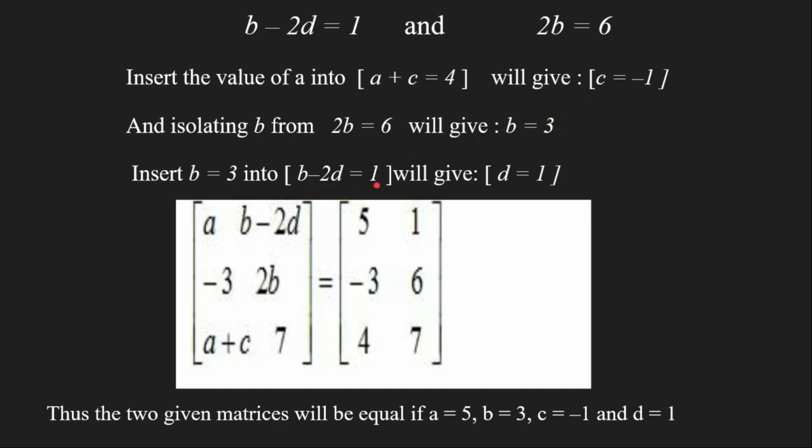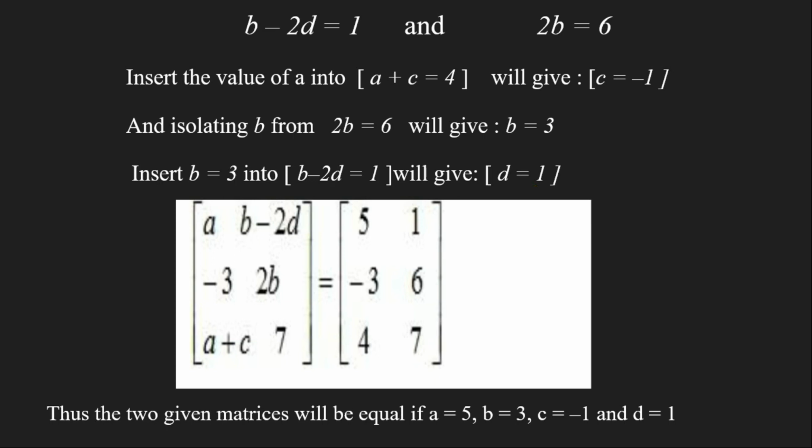So B minus 2D equal to 1, put in the value of B and in the end you will find the value of D, guys. Now we know all the values. Thus the two given matrices will be equal if A is equal to 5, B is equal to 3, C is equal to minus 1 and D is equal to 1.